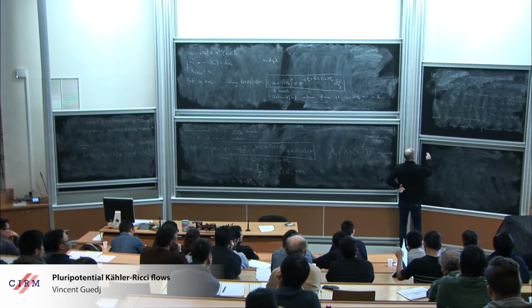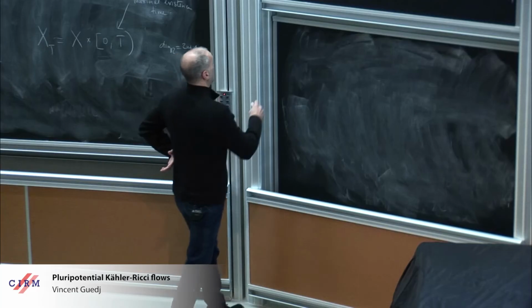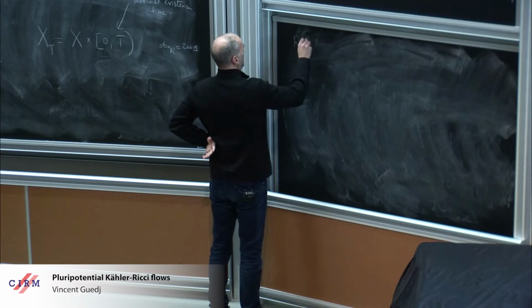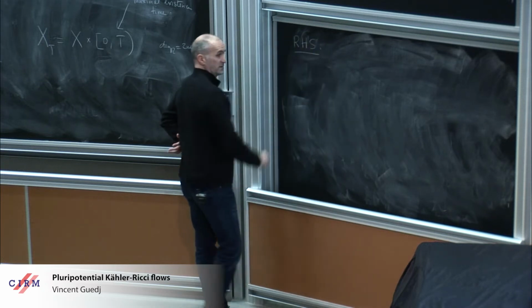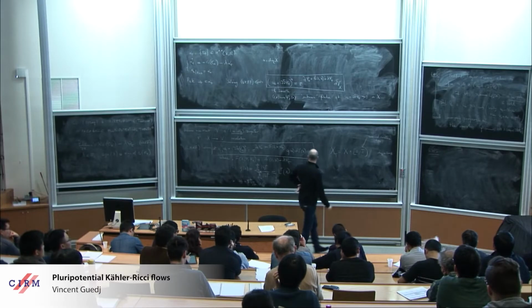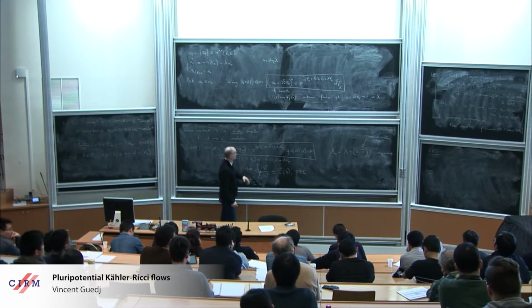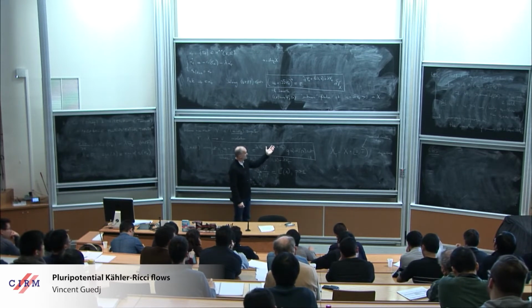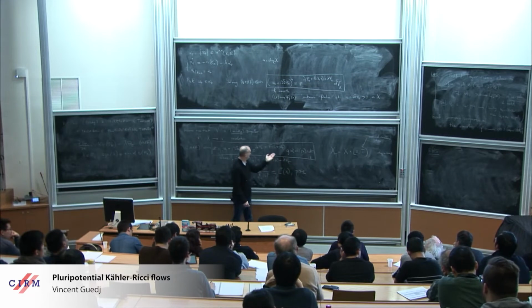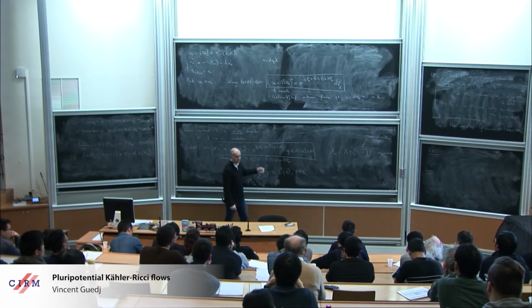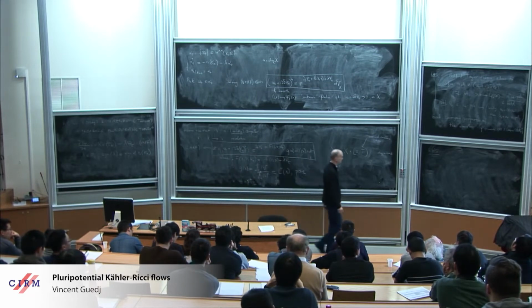So now I would like, and this is perhaps a bit newer, to make sense of the right-hand side. So what do we have on the right-hand side? Something reasonably nice that is independent of time, and then there is this time derivative that shows up.